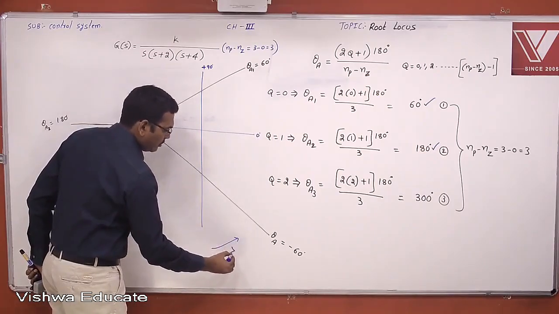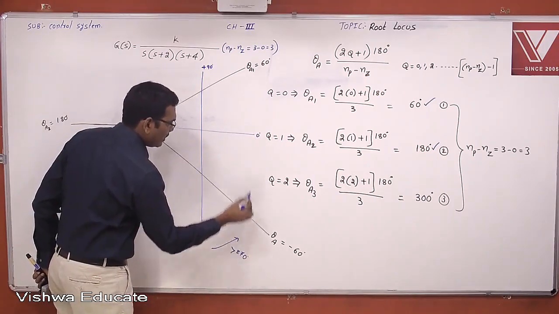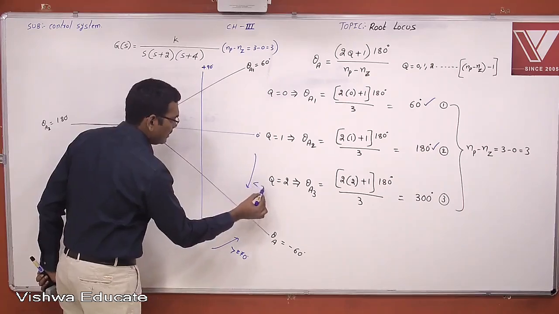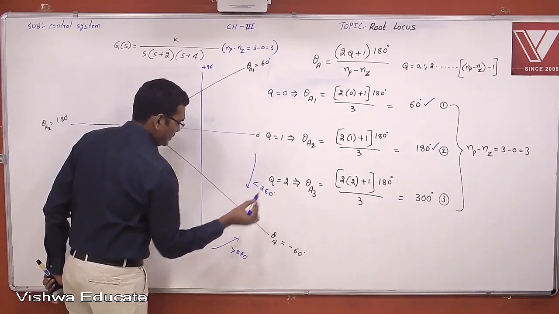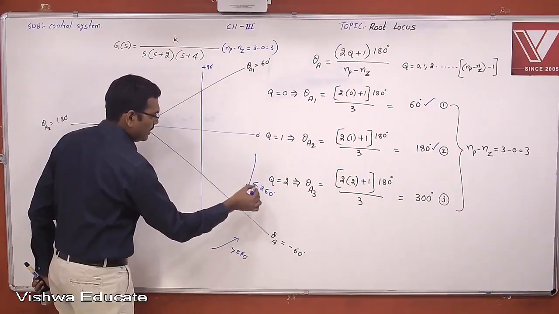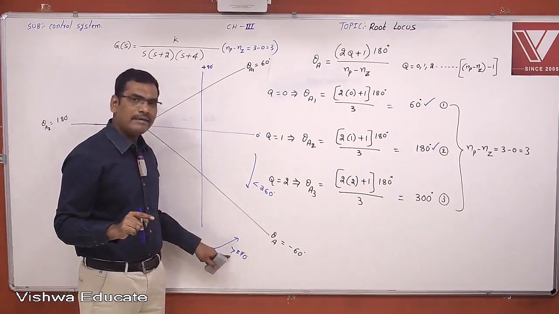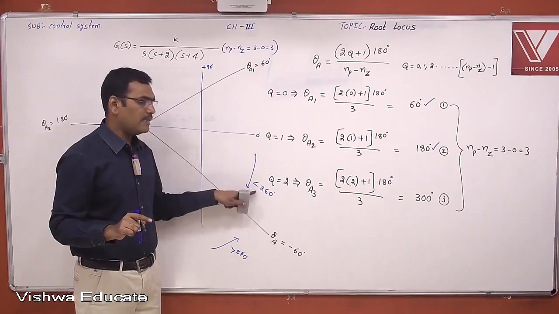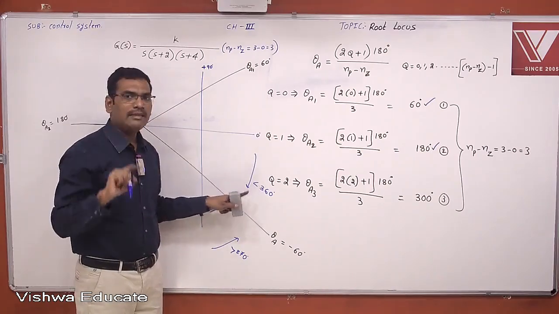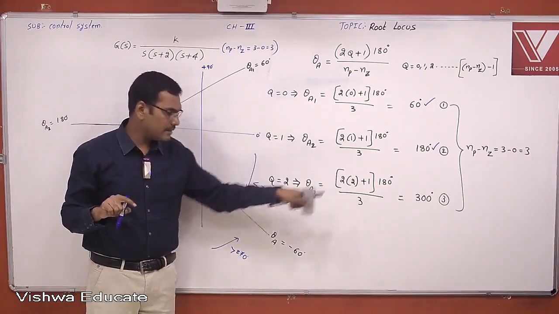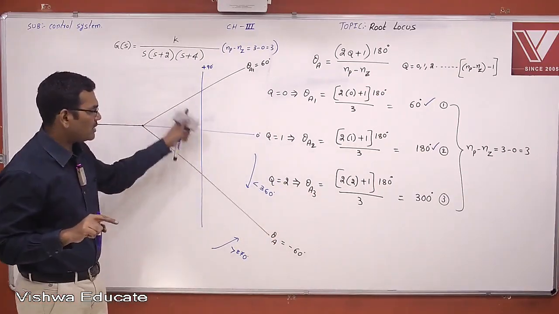Any angle greater than 270 degrees and less than 360 degrees, that angle is nothing but 300 degrees, which is minus 60 degrees. It is matching.